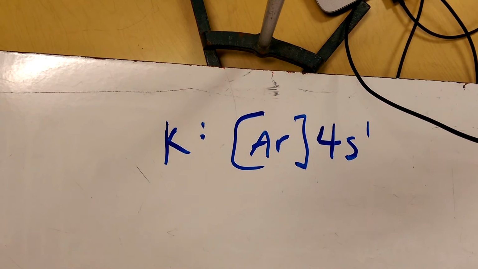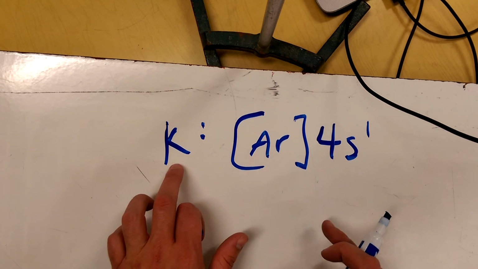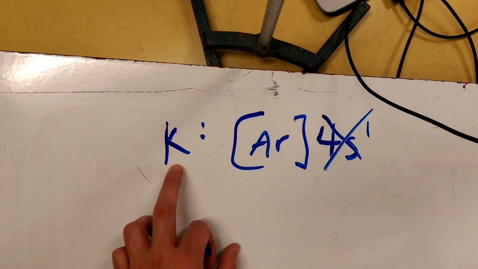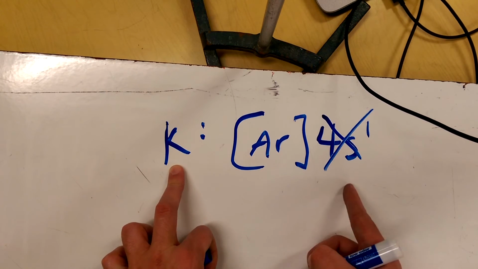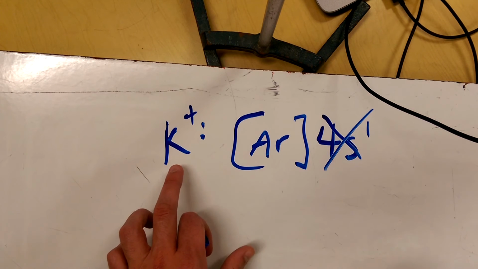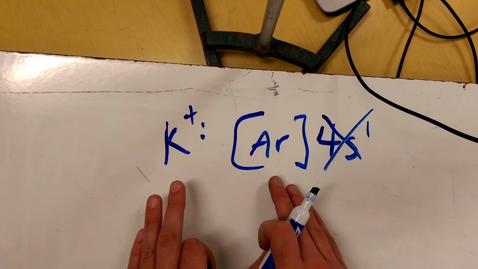Now, all of our elements on the periodic table really want to look like the noble gases. So in terms of our electron configuration, the way that potassium can make itself look like argon is if it gets rid of this extra electron. Now, if it gets rid of this extra electron, remember that it picks up a positive charge. So potassium plus 1 is actually the same thing, electronically speaking, as argon.